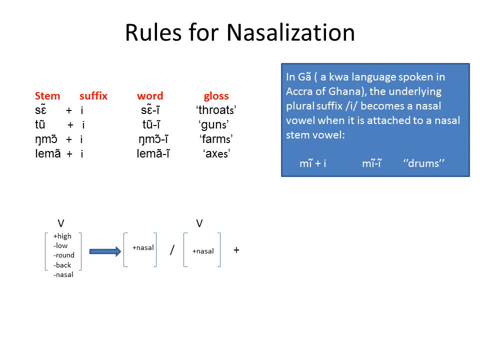Plus, this vowel is followed by a morpheme boundary because it is the last sound in the stem. Look, the last sound of the stem is the nasal vowel. It's not followed by a consonant. It's followed by a plus, a morpheme boundary. There is no consonant preceding the morpheme boundary. And after the morpheme boundary, we have a dash, which stands for the vowel that receives the change. That is to say, the high, front, and round oral vowel.